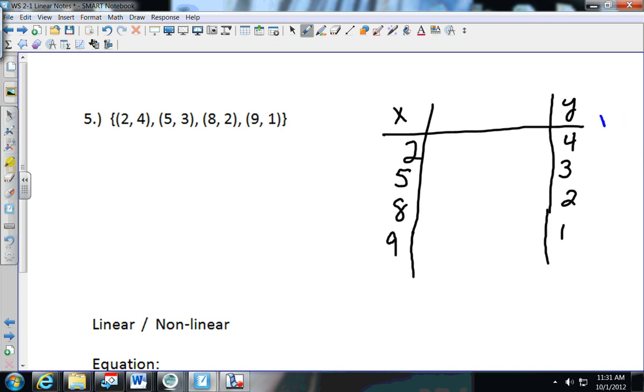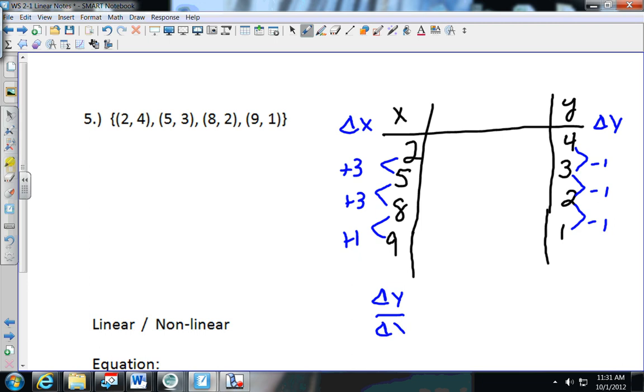Step 1, delta y: minus 1, minus 1, minus 1. Delta x: plus 3, plus 3, plus 1.